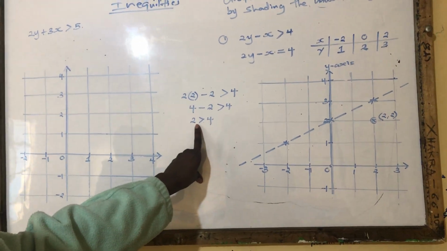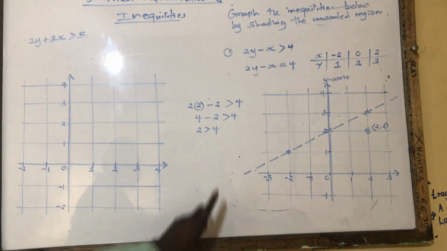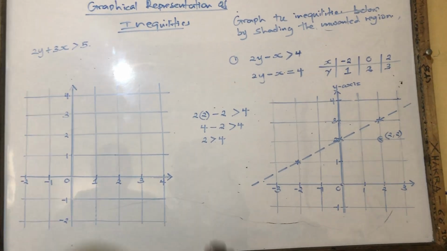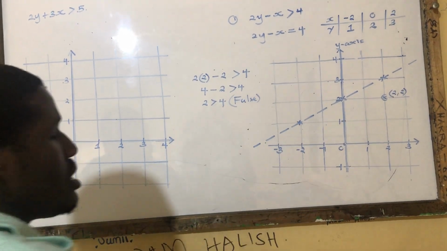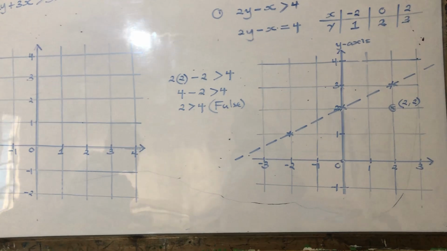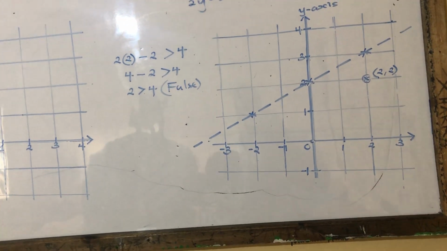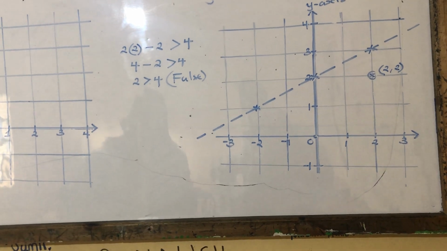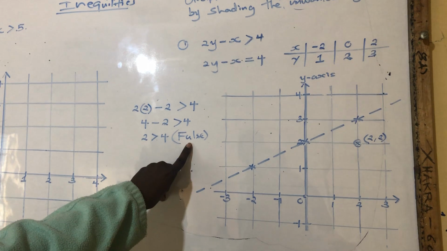Is it true that 2 is greater than 4? It is false to say that 2 is greater than 4. Ideally, 2 should be less than 4. So the resulting inequality I'm getting is mathematically false.